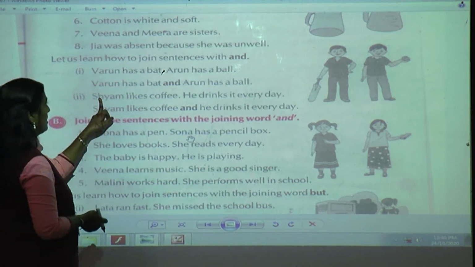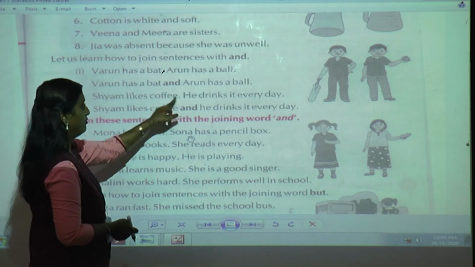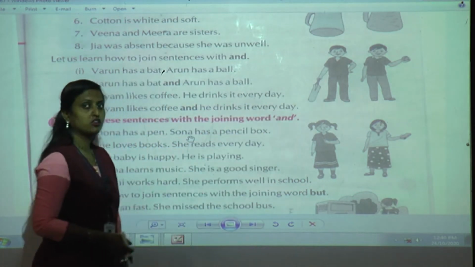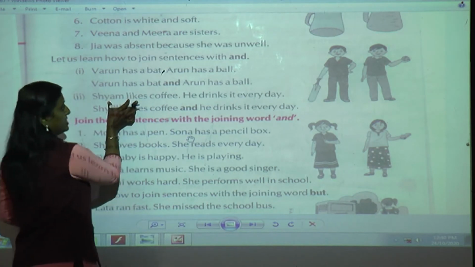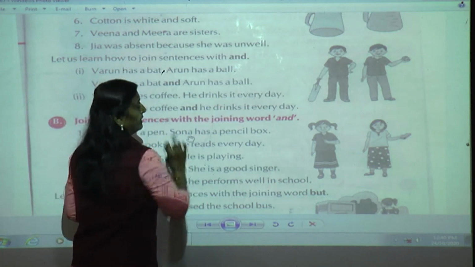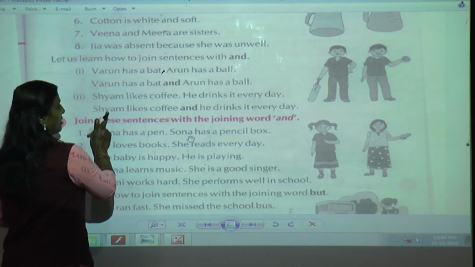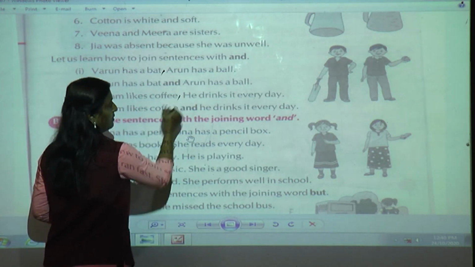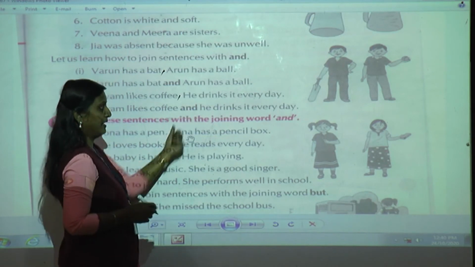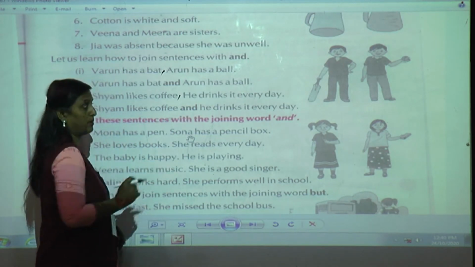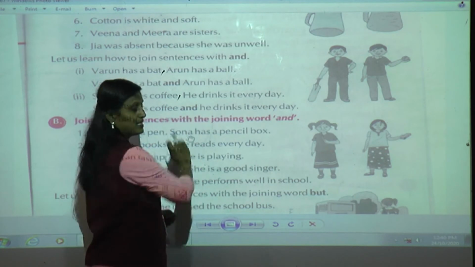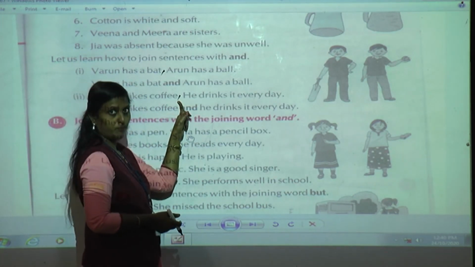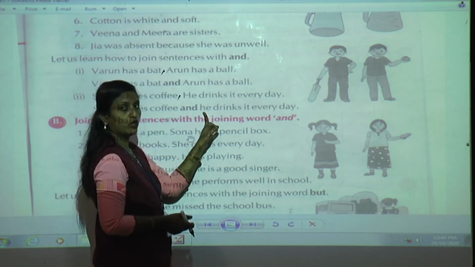Next, Shyam likes coffee, full stop. He drinks it every day, full stop. Here also two sentences are there. Shyam likes coffee and he drinks it every day. So Shyam likes coffee, I will remove the full stop and write and. And one more thing you have to keep in mind, when you are removing this full stop, it means the sentence is going to continue.